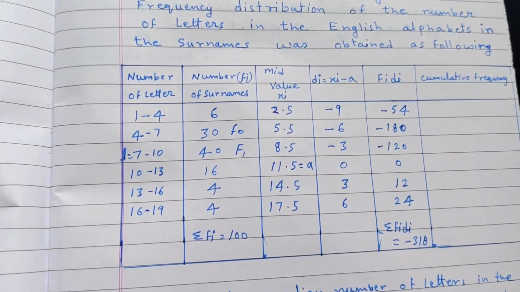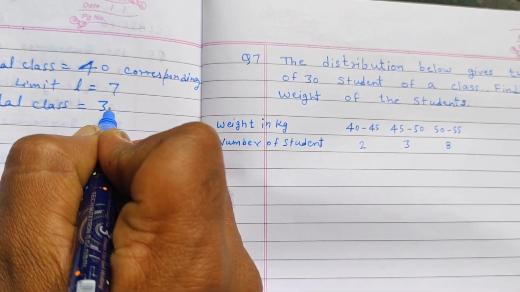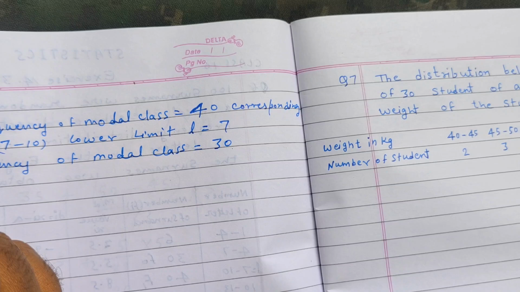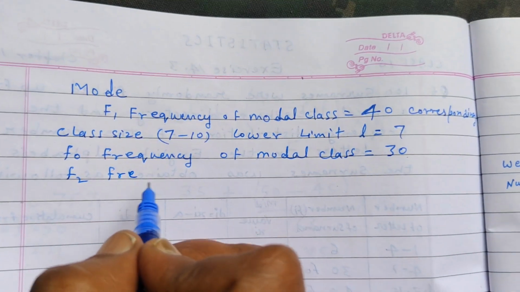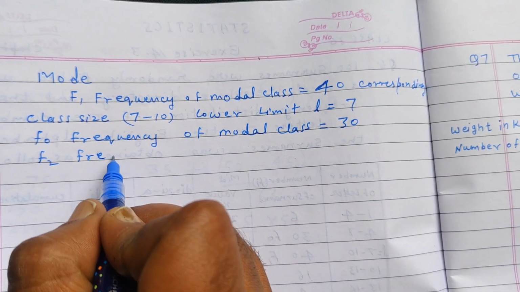F naught is 30. So f naught is 30, and f2, the frequency of the class after the modal class, is here.